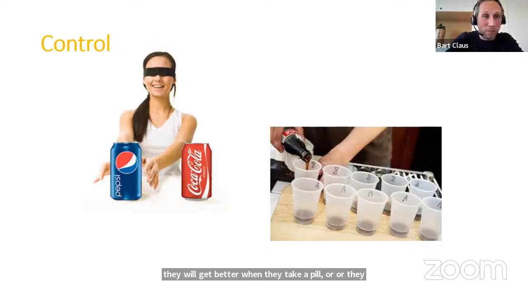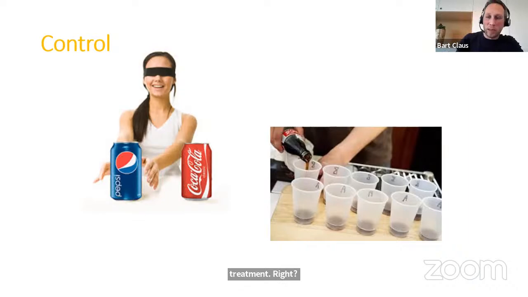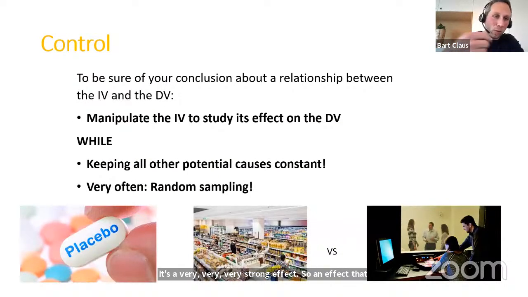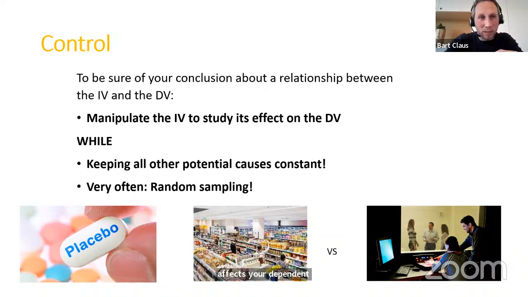It's a very, very, very strong effect. So an effect that you need to control. Control is crucial. What control is about is making sure that you manipulate one variable of interest to see whether it affects your dependent measure while keeping everything else constant between your experimental groups.